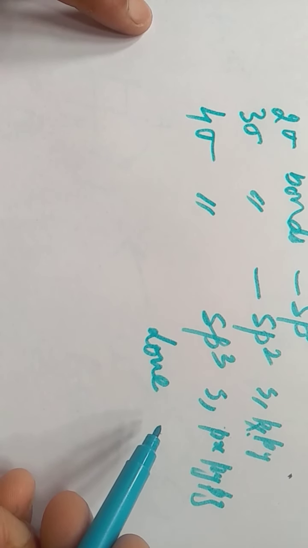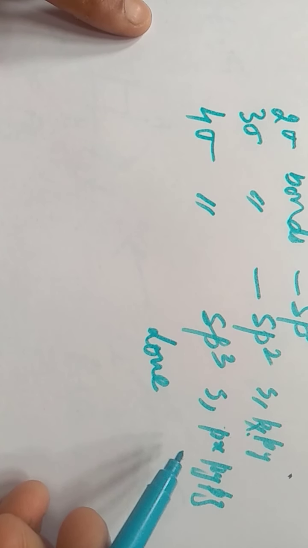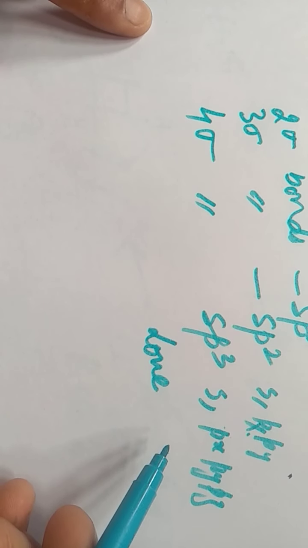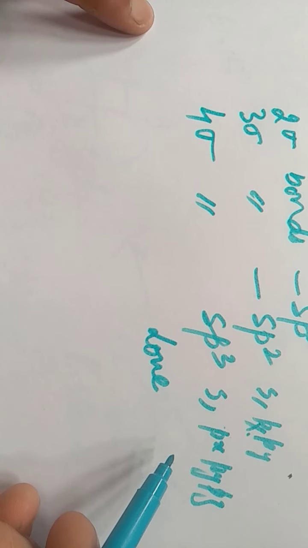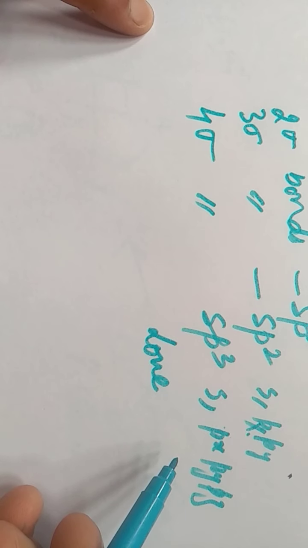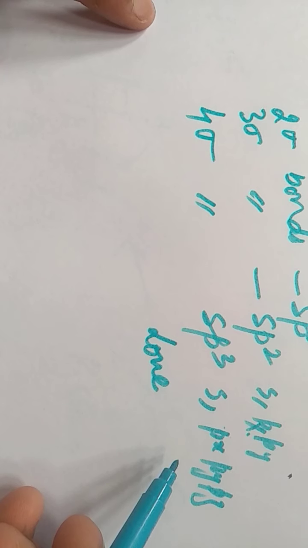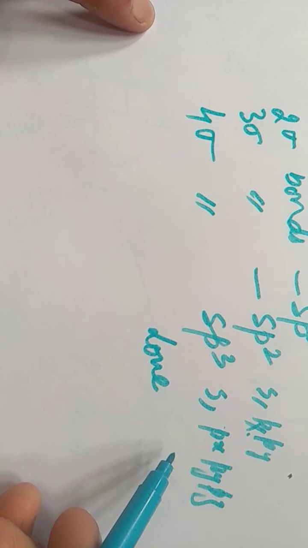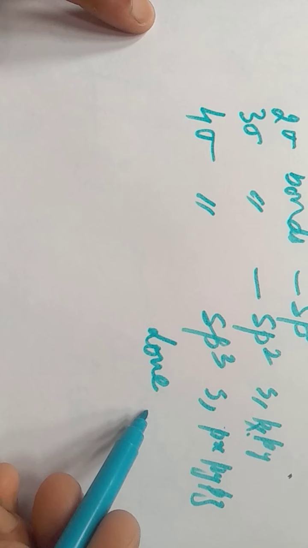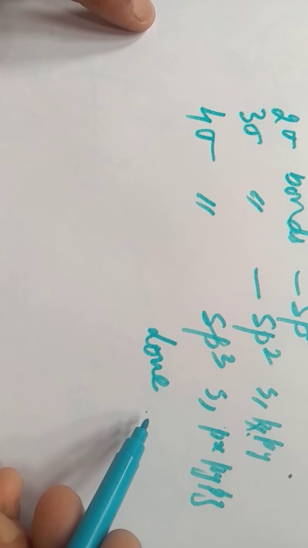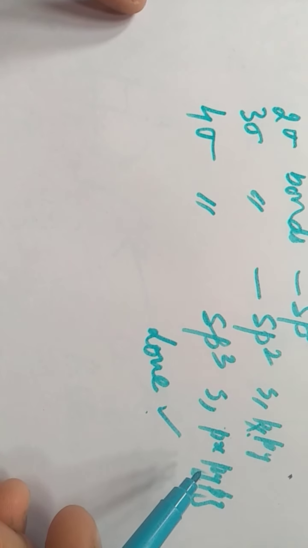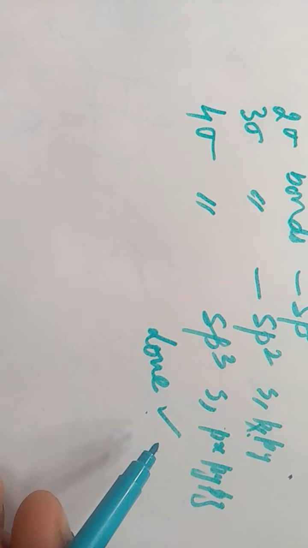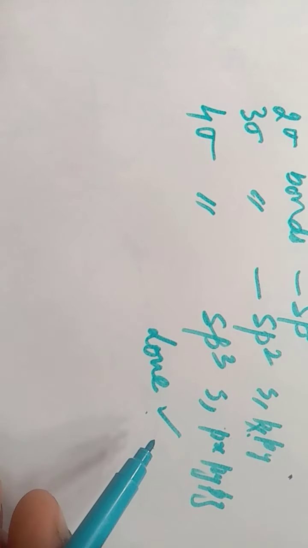I once again repeat, if some atoms have lone pairs of electrons along with sigma bonds, then sigma bonds and lone pairs of electrons are counted for deciding hybridization. Now we take examples and they will make you understand very clearly.